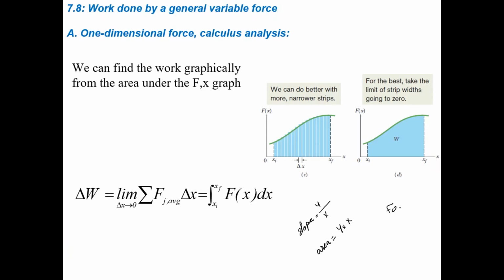For the Fx graph, the area is going to be the force times the displacement, which is the work done by a force. So we can find the work done by a force graphically by finding the area under the Fx graph.